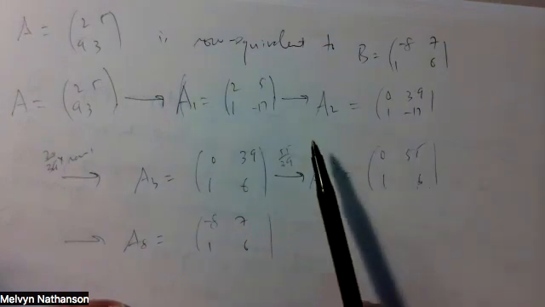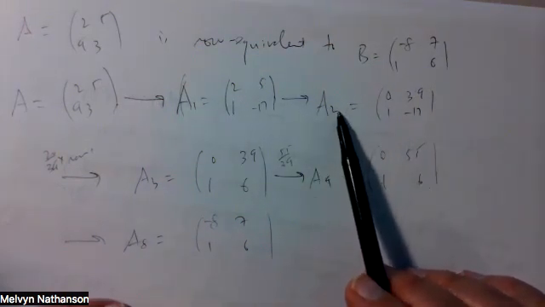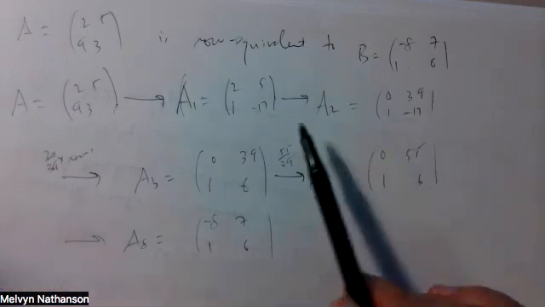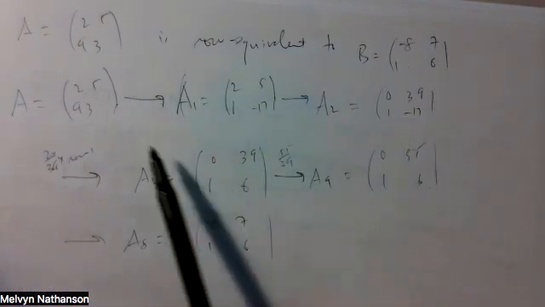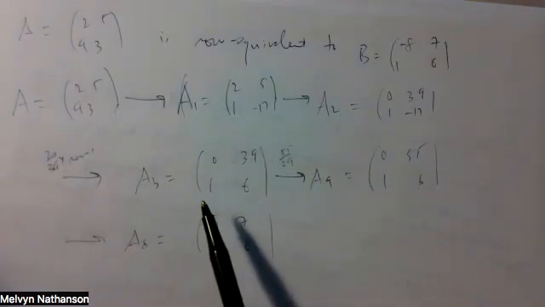So this somewhat stupid sequence of elementary row operations is completely valid. I'm allowed to do this. And I get a sequence of matrices, each of which is equivalent to everyone else in the sequence.